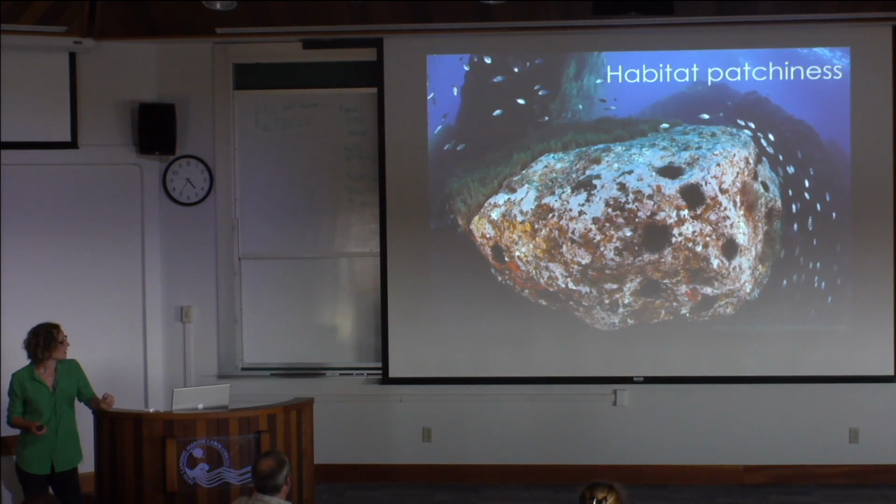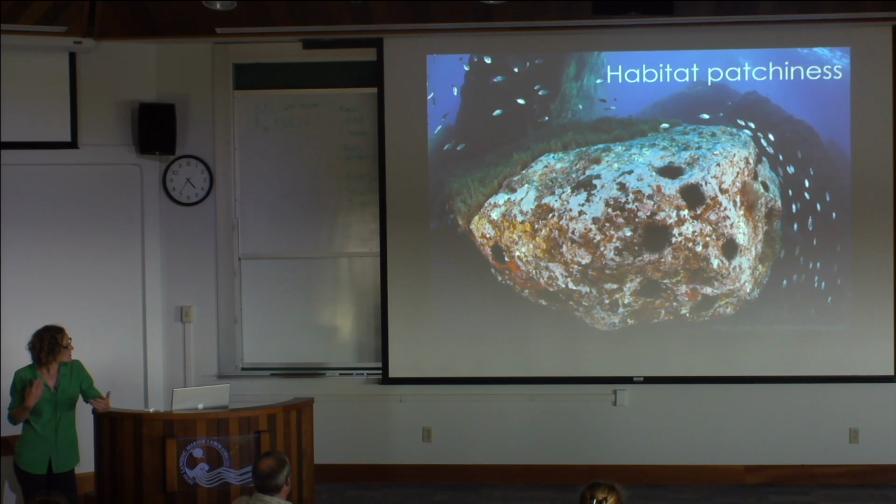Mediterranean rocky reefs have high natural variability in both space and time, and we refer to this as habitat patchiness. We know in the Mediterranean there's been a lot of research showing that habitat patchiness is driven primarily by grazing or sea urchin abundance.